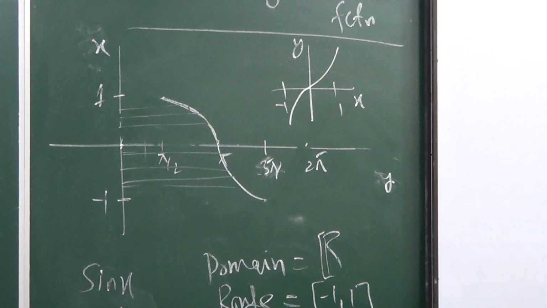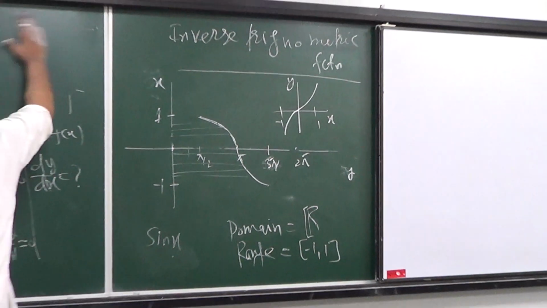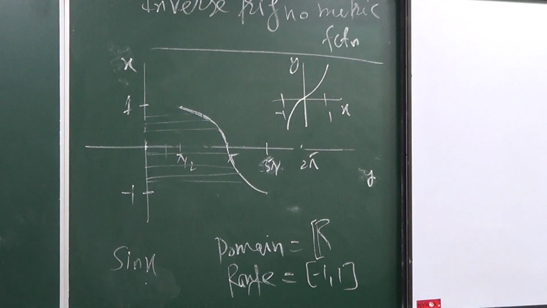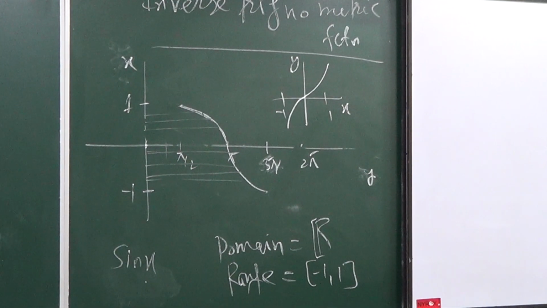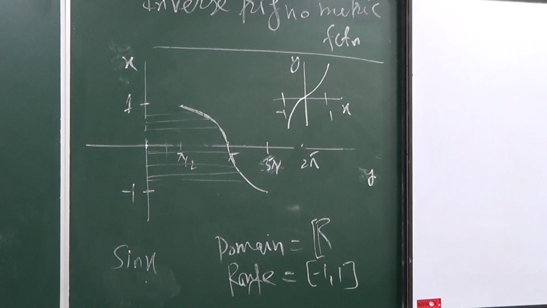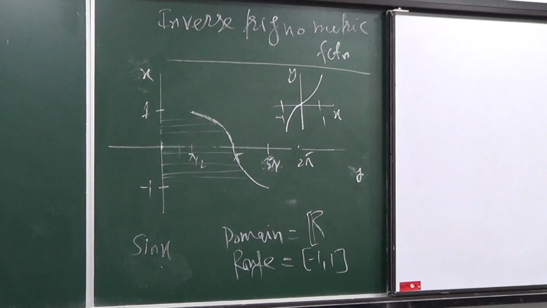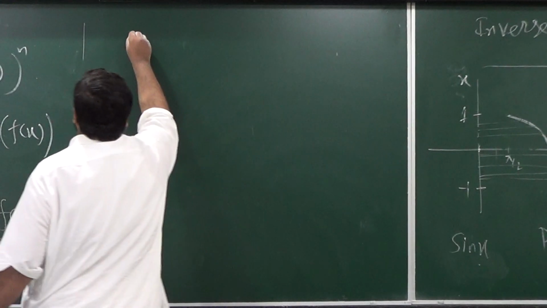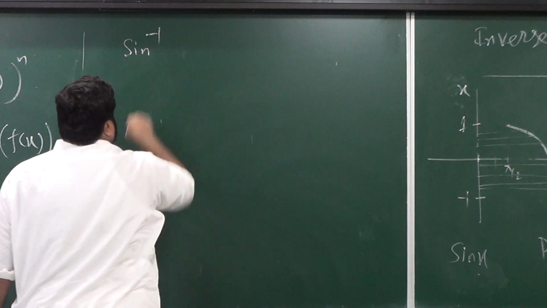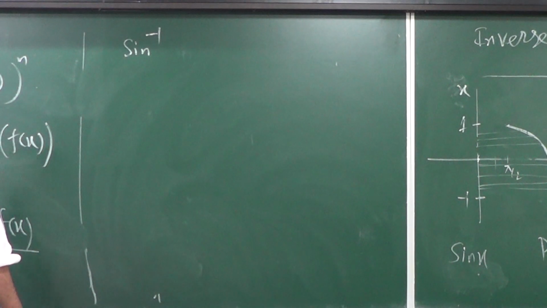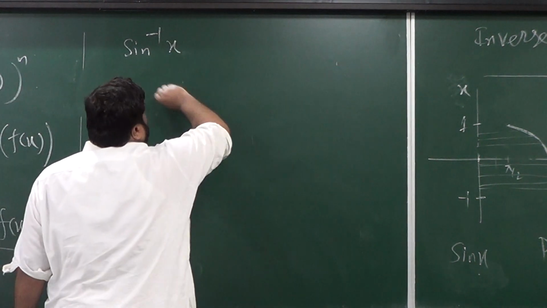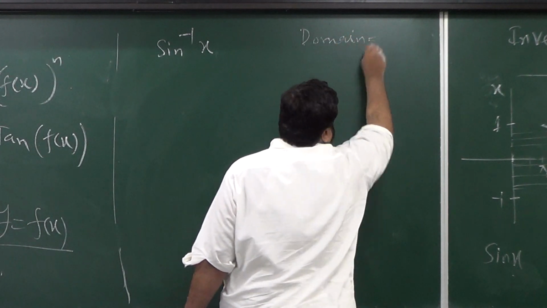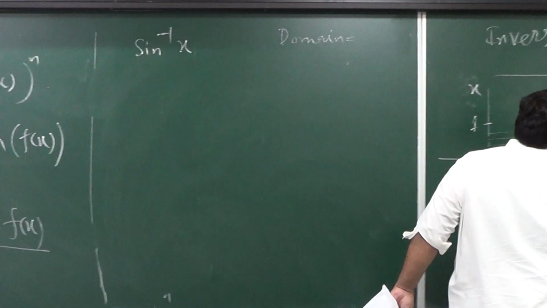Let me talk a little bit more about it. The inverse of the sine function, let me give it the name sine inverse, when evaluated at x, has a domain. What is the domain of it? The domain is between -1 and 1.